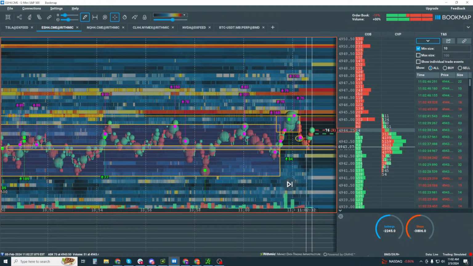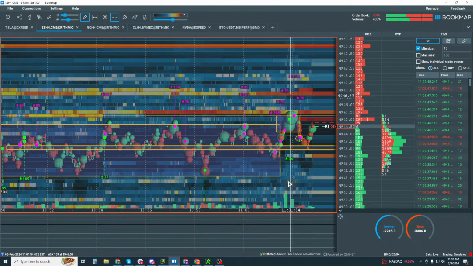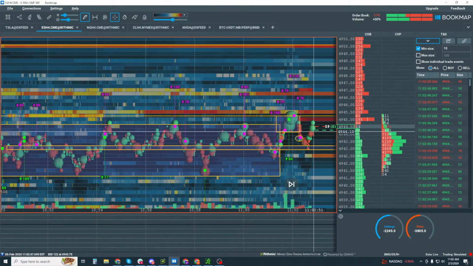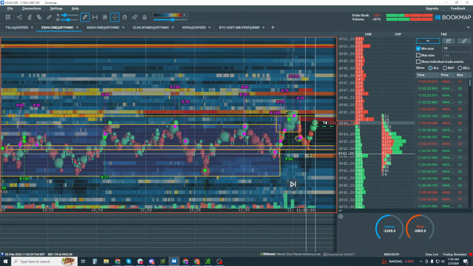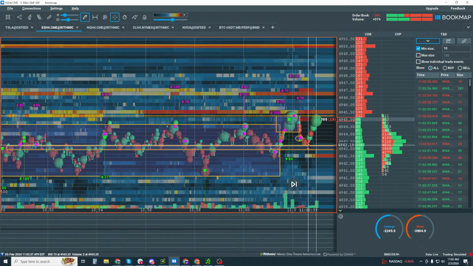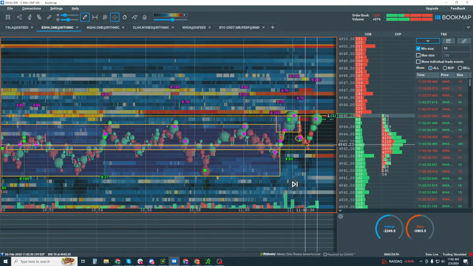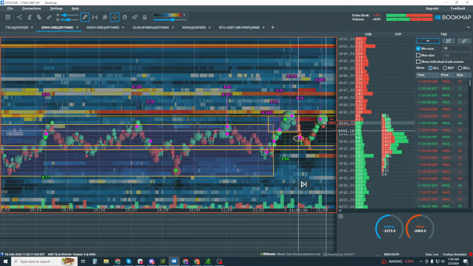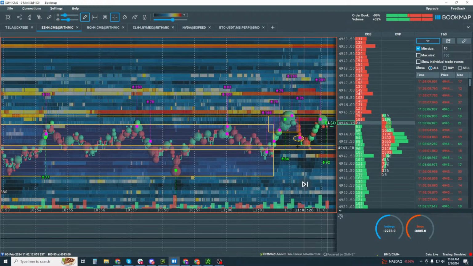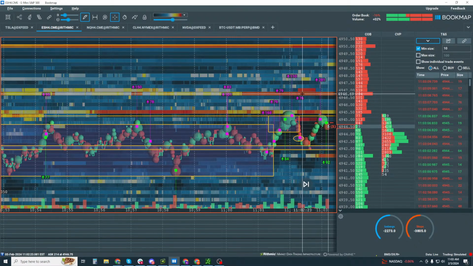Their next step is to be a seller at some point, and likely as it goes against them, they'll be a seller. Anyway, in this case, we got the move back down to here. Look at the response by these responsive sellers. They were successful in moving it back into the range.